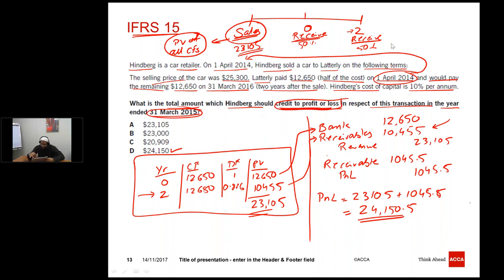Okay, that's good. So the first entry is clear. Let me discuss the second entry and the amount in P&L. The amount that we have recorded as receivable is 10455. But what amount are we going to get after 2 years?